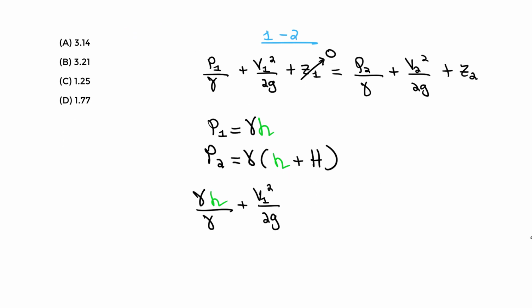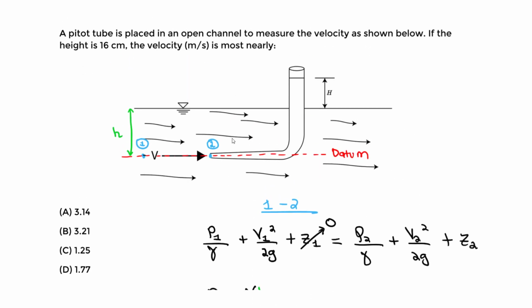So now let's put the equal sign. The pressure at 2, we denote it, it's gamma times h, but we have lowercase h plus uppercase h. So the pressure there is gamma times lowercase h plus uppercase h. And we divide that by gamma, which is this. Then we have v2 squared divided by 2g. So here, we're at point 2 now, and we know at point 2, at the mouth, we have a stagnation pressure, and that means the velocity is 0.